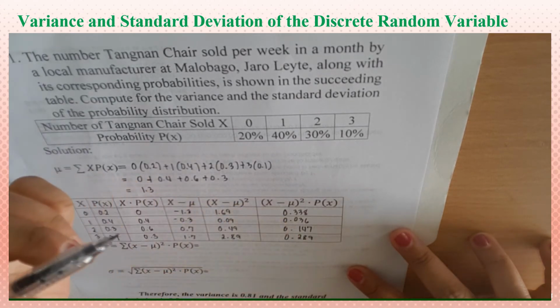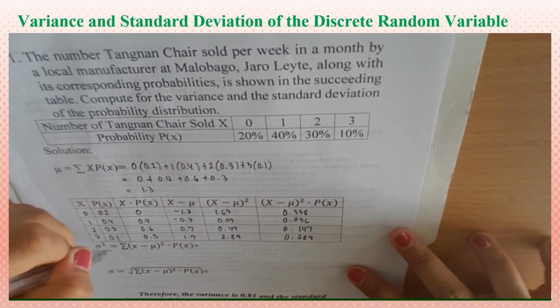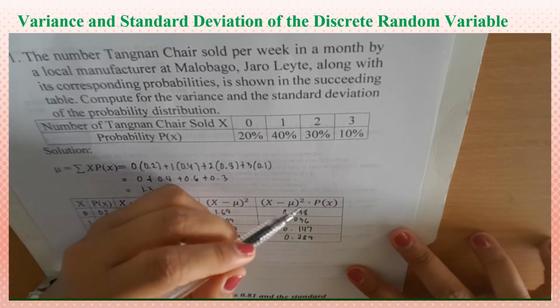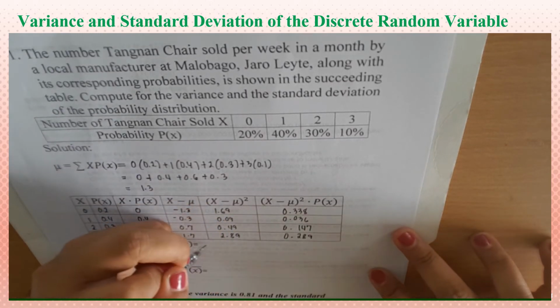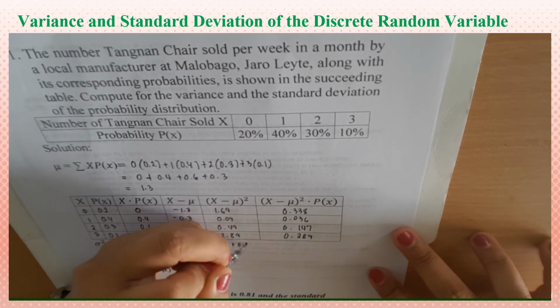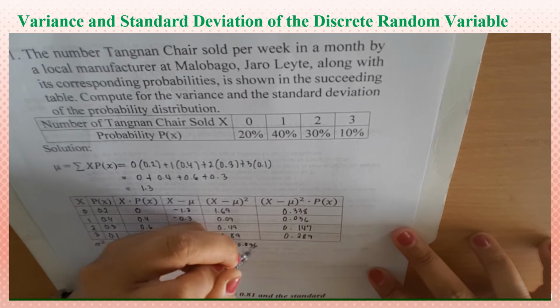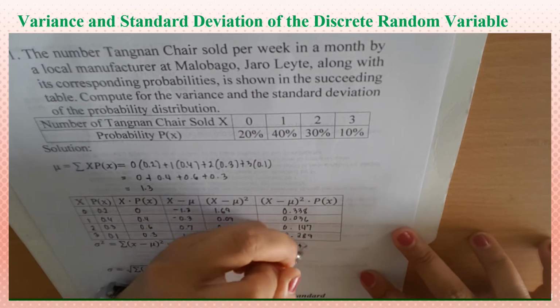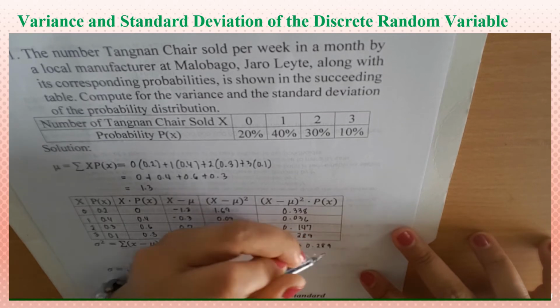So your variance is equal to the summation of x minus mu squared times p of x, which is 0.338 plus 0.036 plus 0.147 plus 0.289.